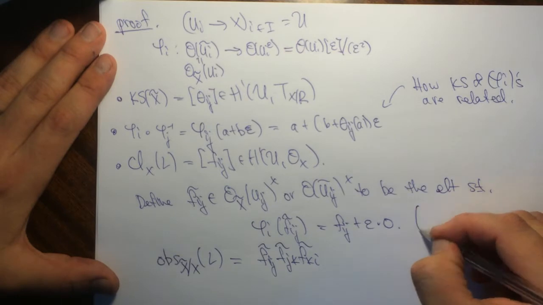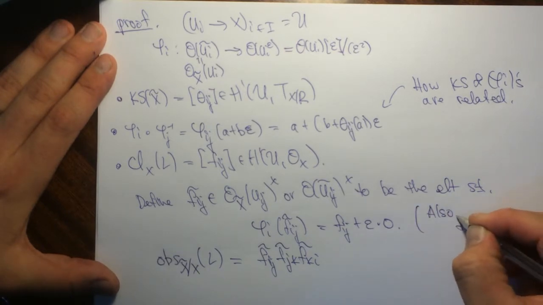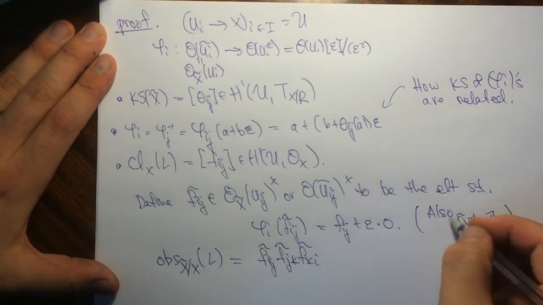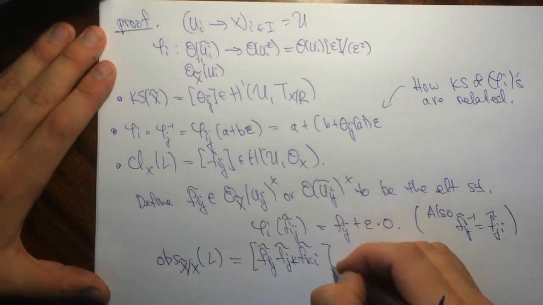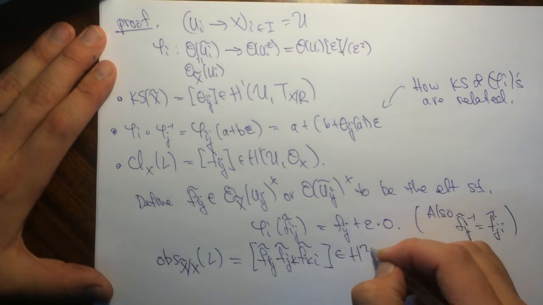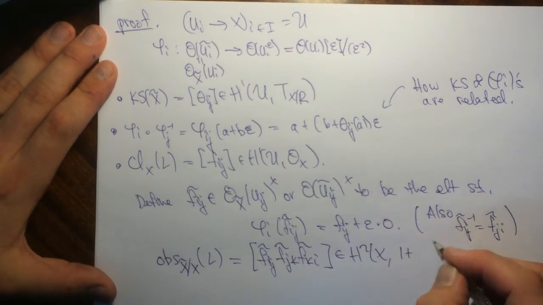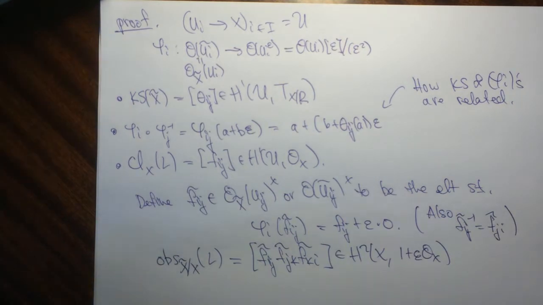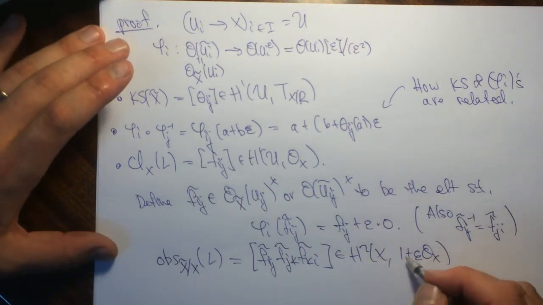Another constraint: let's say here also we're going to have that F_ij tilde inverse is F_ji tilde. So we're also going to make this choice. This was this class here, and this was in H2 of X, with coefficients in 1 plus epsilon O_X. So in the video on the obstruction to lifting, the deformation theory of line bundles, we had this.